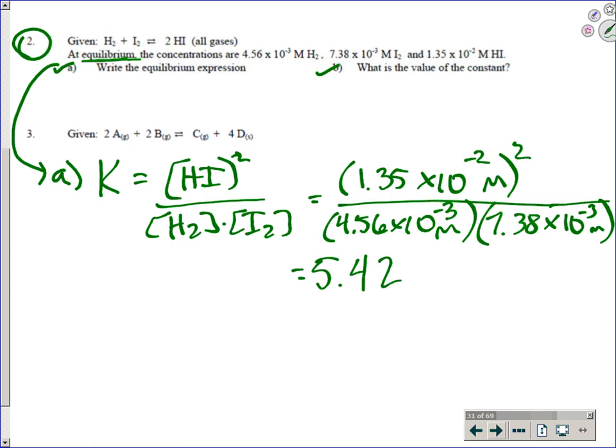Give me a thumbs up if you got that. And scrunch your face if you put it in incorrectly, because you didn't put parentheses in the right places. Okay, so this is K. Talk about what K represents for this particular reaction right now at your table.